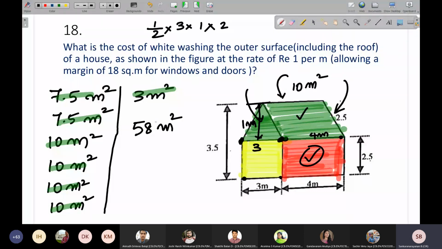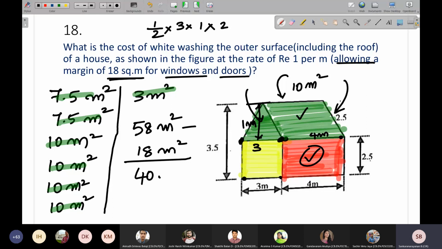But in the question it is given that 18 meter square of this 58 meter square goes towards windows and doors. We won't be whitewashing the windows and doors. So exclude that 18 meter square from this 58 meter square. Can you tell me what is the effective area to be whitewashed? That comes to 58 minus 18, that is 40 meter square.